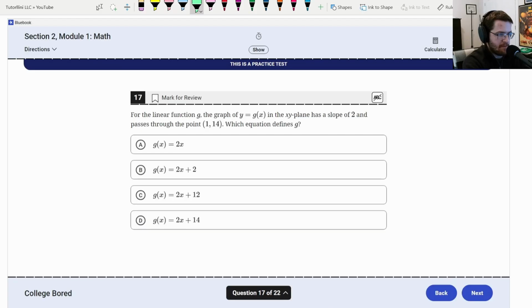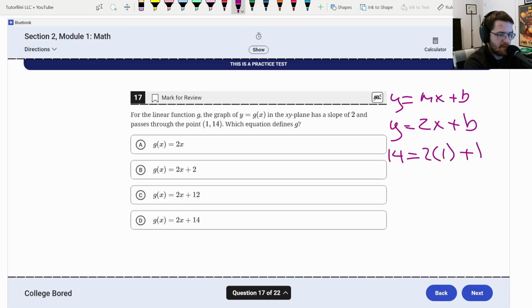Okay, question 17. The first thing we're going to do when we're trying to find the equation of a line is write the partial equation. So put the slope in, so y equals 2x plus b. Next, we'll plug in a point to solve for b. The point they gave us was (1, 14), so we'll do 14 equals 2 times 1 plus b.